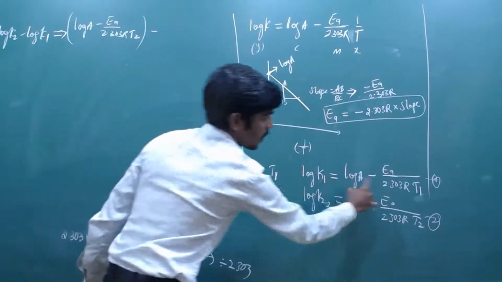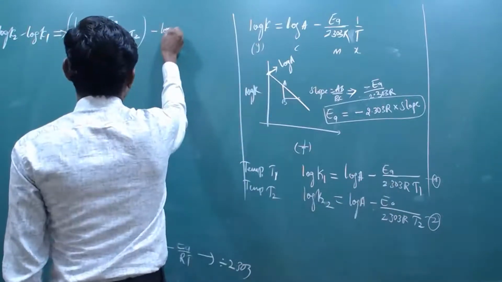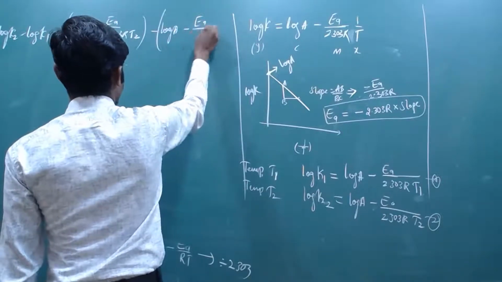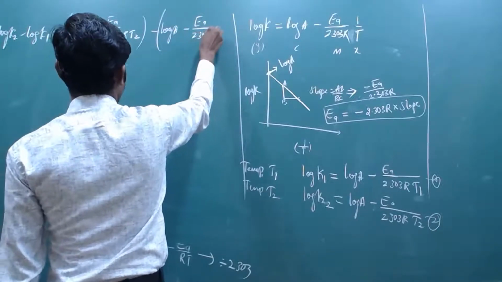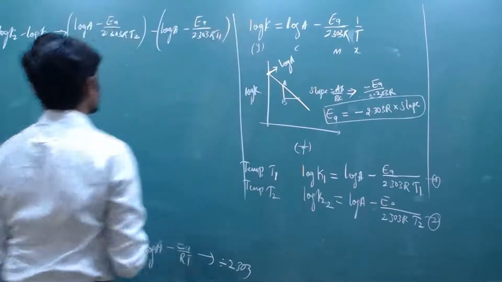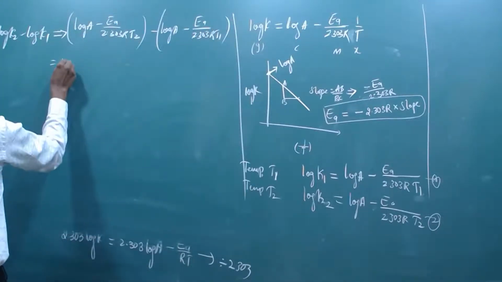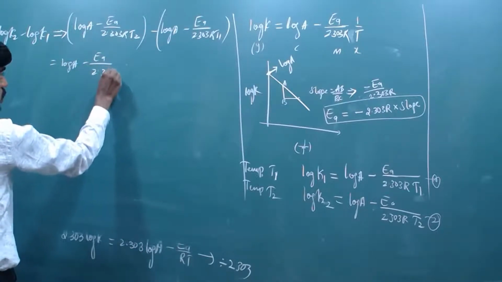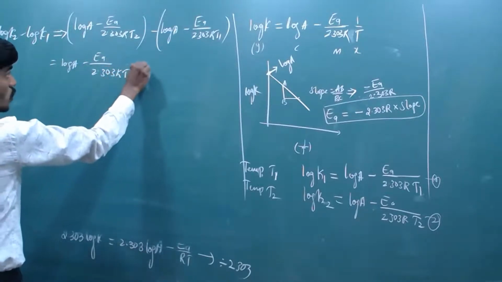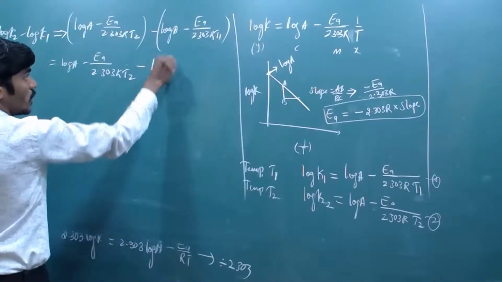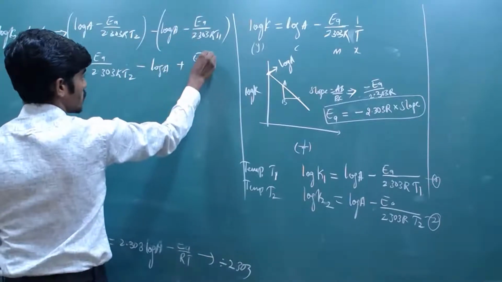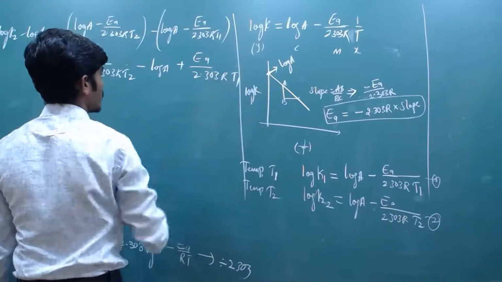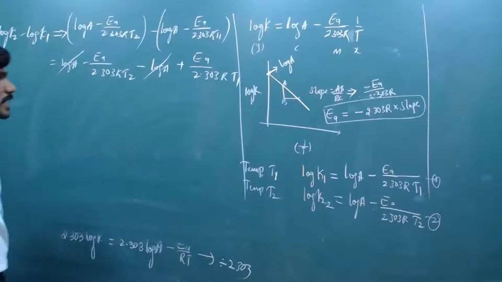Log K1 is nothing but log A minus EA by 2.303 R T1. Simplify this. So it is log A minus EA by 2.303 R T2 minus log A plus EA by 2.303 R T1. Log A and log A get cancelled.